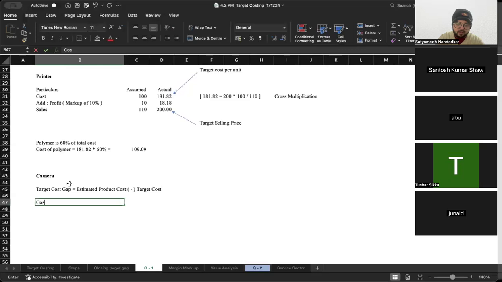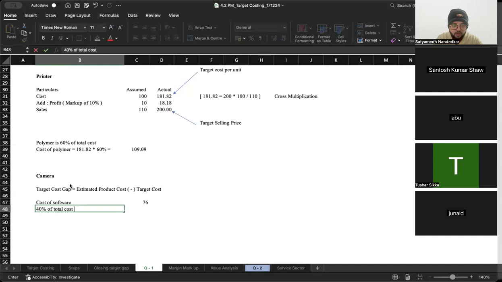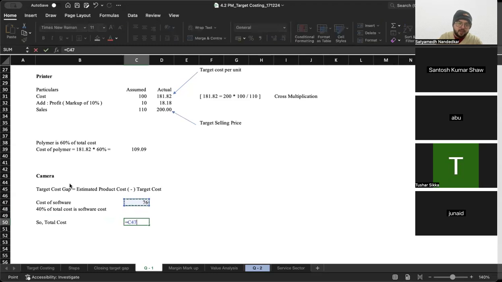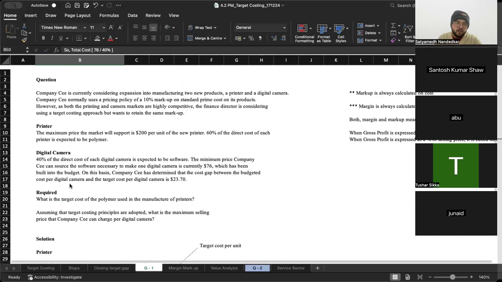What is the cost of software? 76, and 40% of total cost is software cost. So total cost will be 76 upon 40%. This is my total cost.